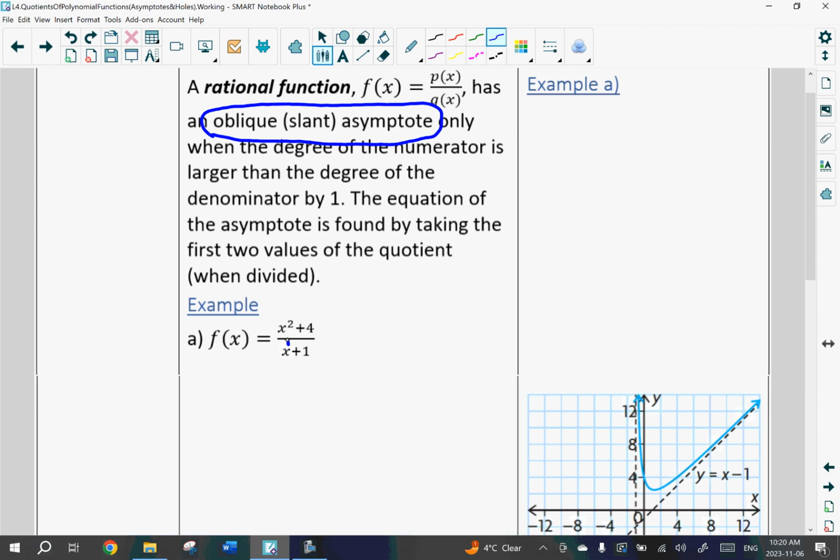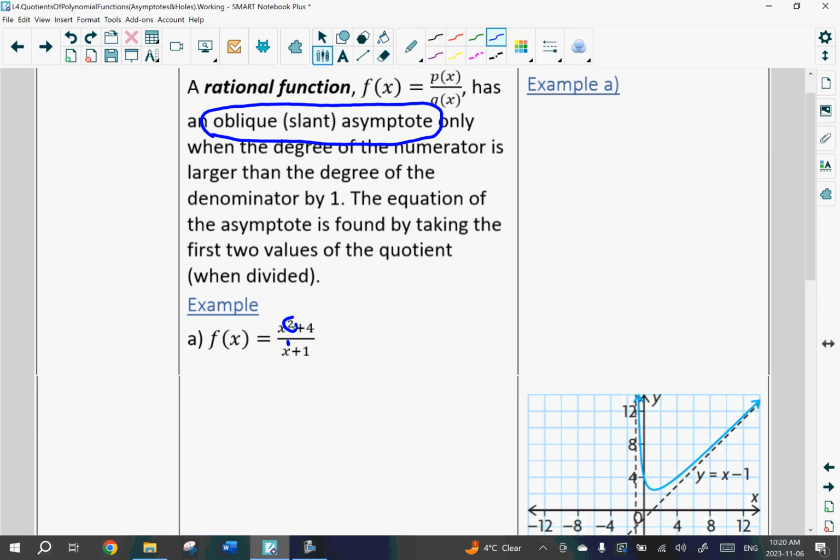Our denominator's highest degree is 1, the numerator has a 2, so that has an oblique asymptote. If the numerator was a 4, the denominator would have to be a 3. That's a difference of 1, so it has an oblique asymptote. That's your first check on whether or not an oblique asymptote is going to exist.